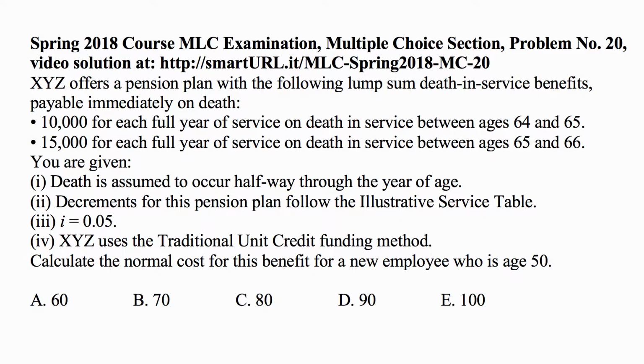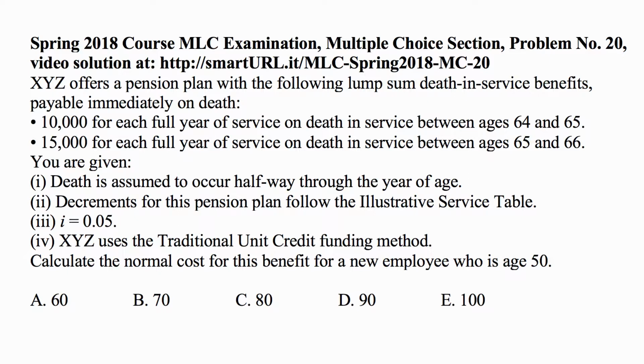Problem number 20 from the last exam MLC in the multiple choice section. XYZ offers a pension plan with the following lump sum death in service benefits payable immediately on death. $10,000 for each full year of service on death in service between ages 64 and 65, and $15,000 for each full year of service on death in service between ages 65 and 66.